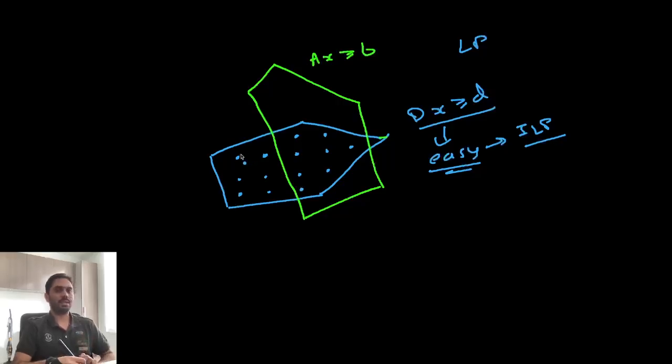So let's draw the convex hull for this. It will be something like this. I'm kind of struggling to draw straight lines, but it's okay. Either way, my extreme points are this one, this one, this one, this one, this one, and maybe this one.